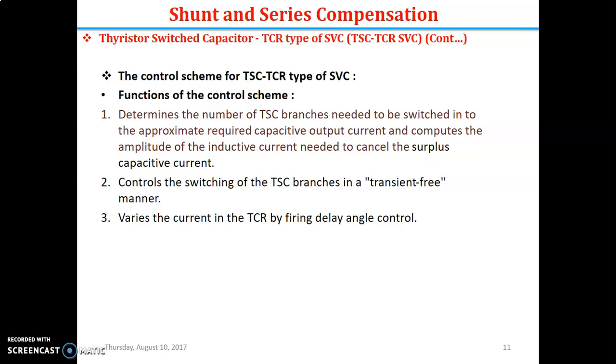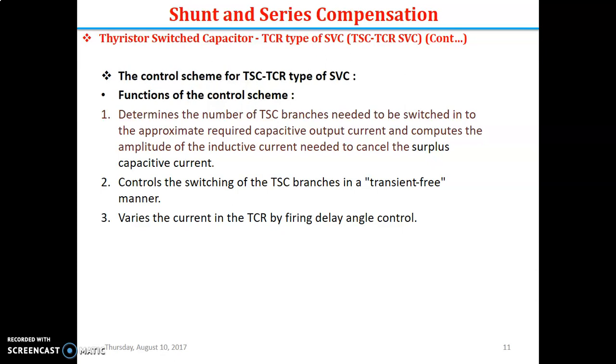So suppose the TCR is operating around 1.2 MVAR, so that there will be a little overlapping and you will be able to compensate in the right manner, and you can manage with the combination of the TSC and TCR.